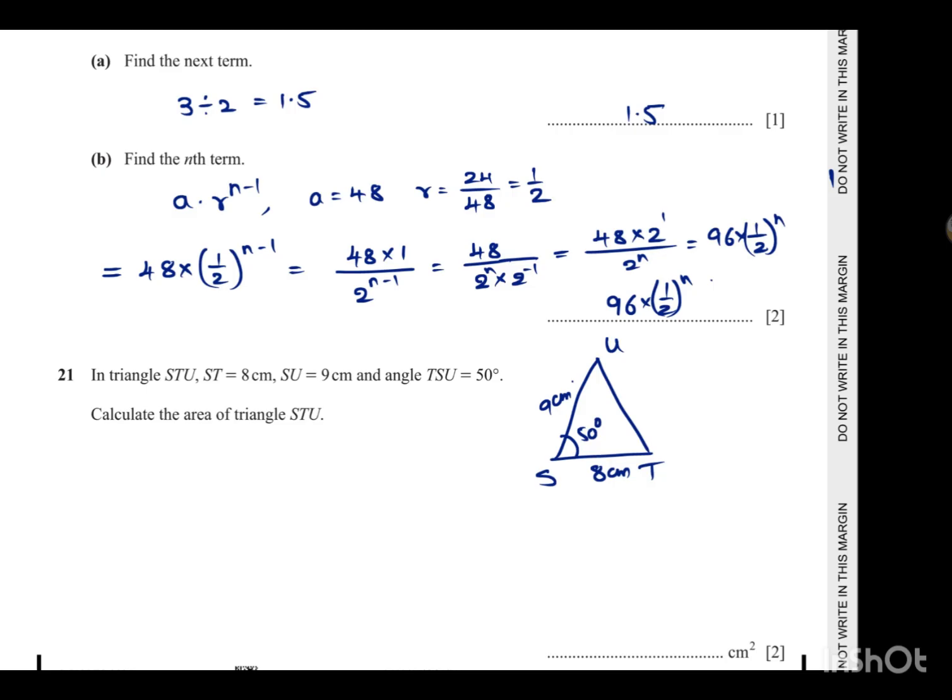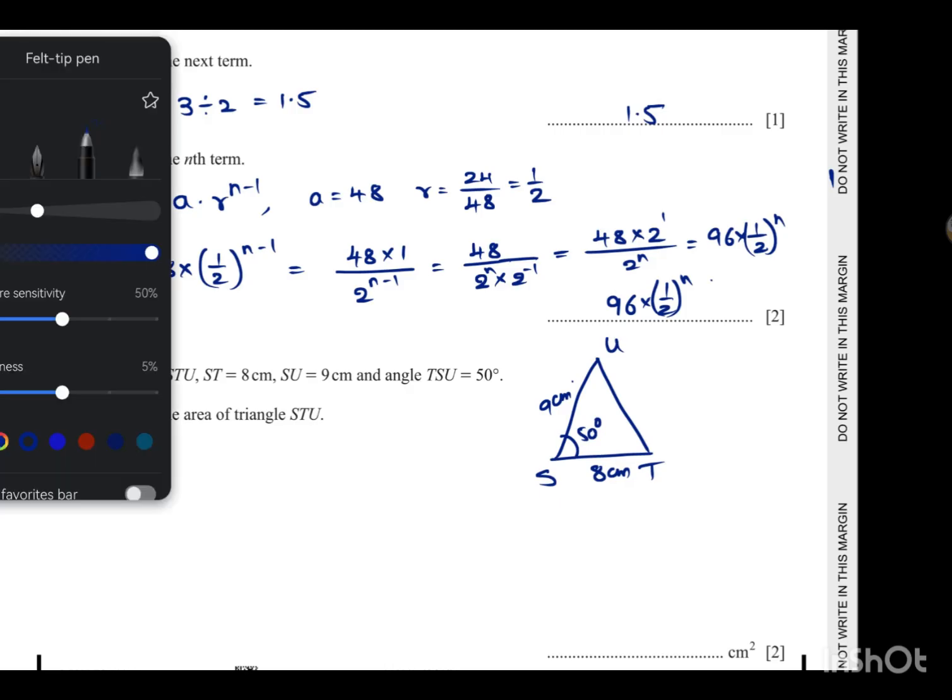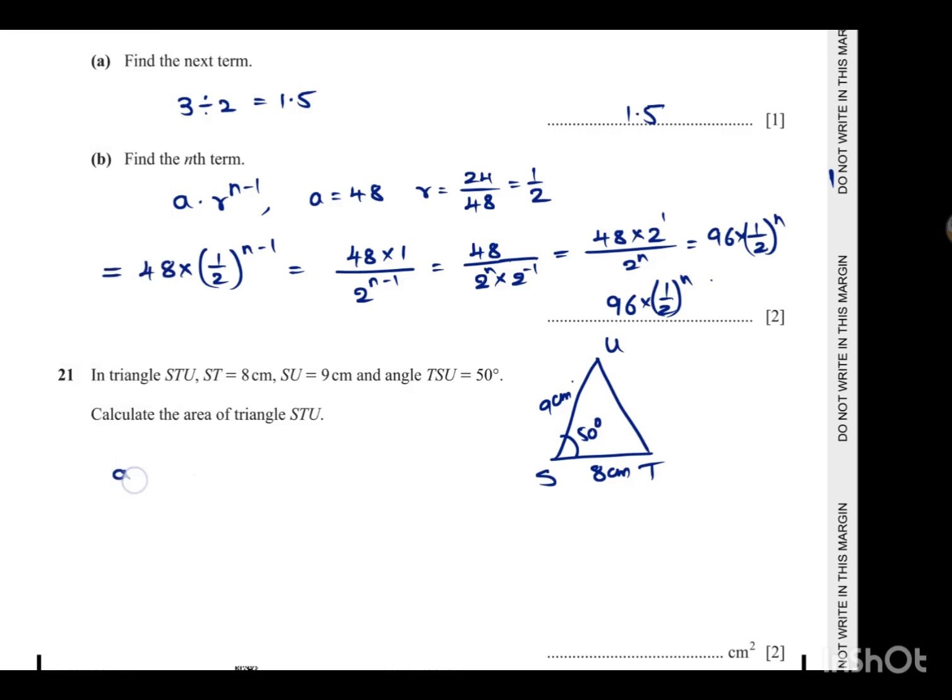So two sides and the angle in between those two sides are given. We can use the rule: area of triangle STU will be half into the given sides into sine of the angle.